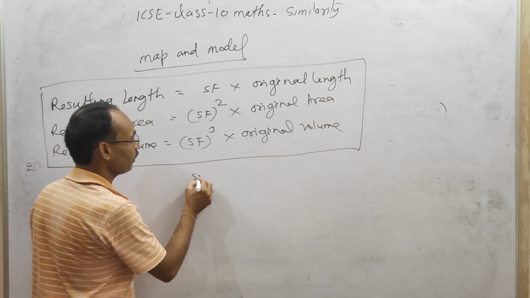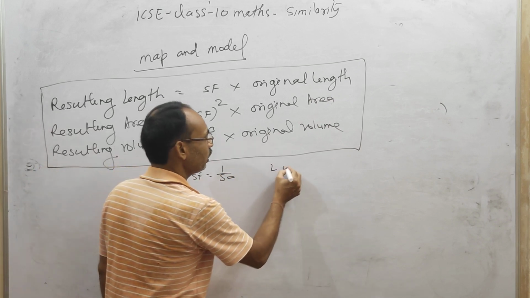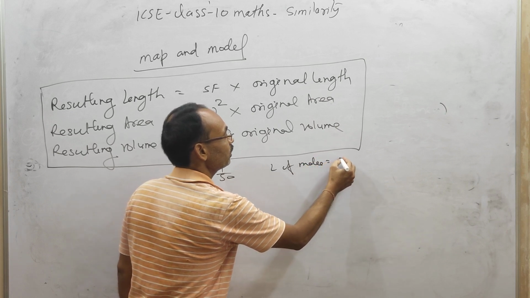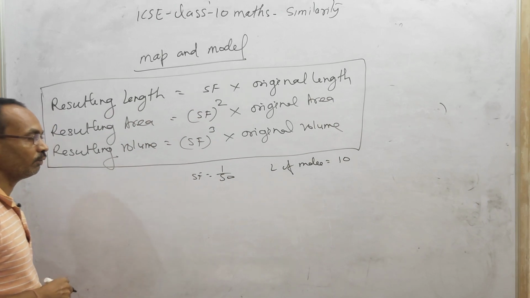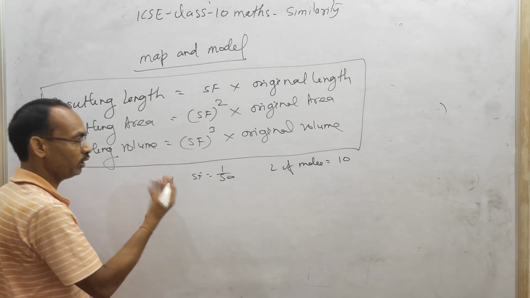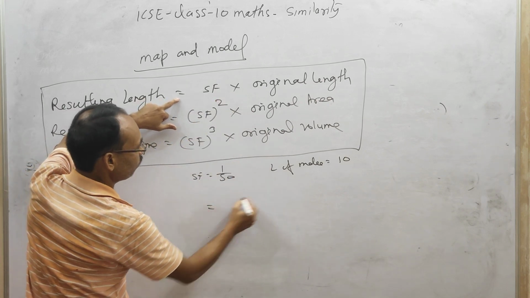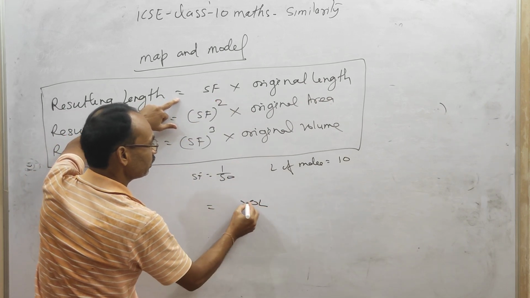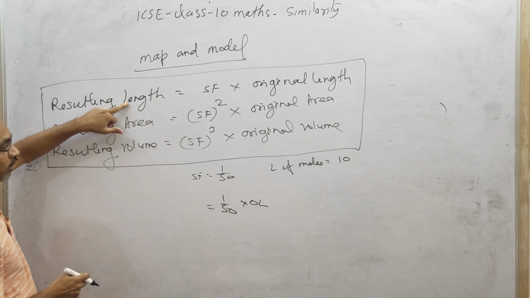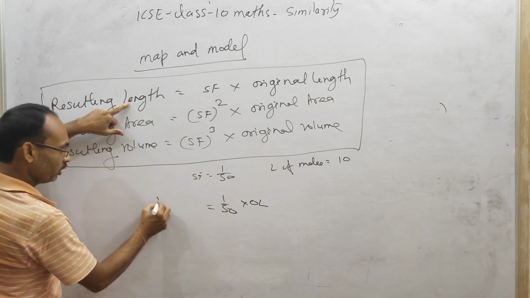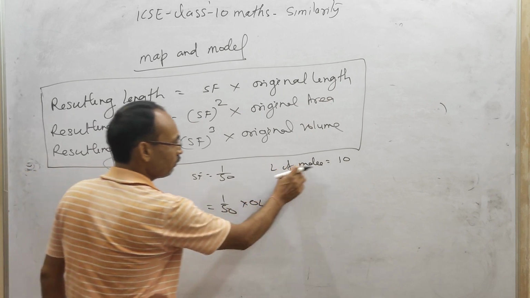If the scale factor is 1 upon 50 and the length of the model is 10, then what is the original length of this model? Let the original length be found out, the scale factor is 1 upon 50 and the resulting length, the length of the model, is 10.